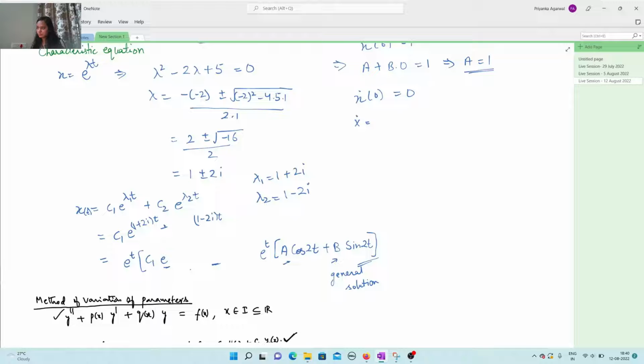So this is x1. Differentiate this with respect to t.